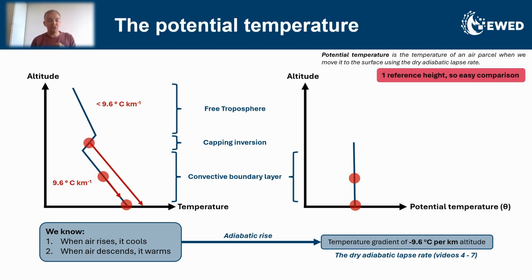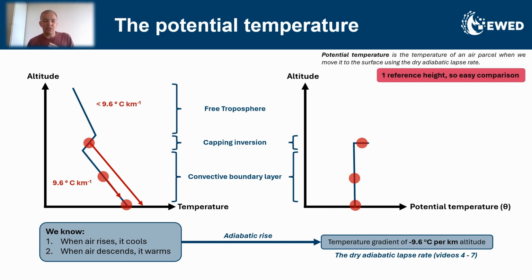Within the capping inversion, we see a warming, of course, of the temperature, which also means that the potential temperature warms, which we, in idealized profiles, typically resemble as a straight temperature jump, and that is what we see as the inversion in the potential temperature profile.